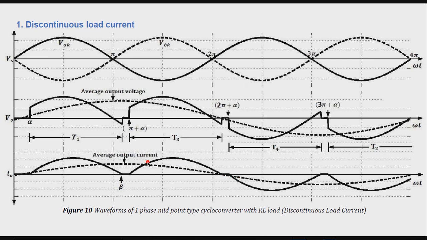After two positive half cycles of the load voltage and load current, thyristor T4 is gated at 2 pi plus alpha.